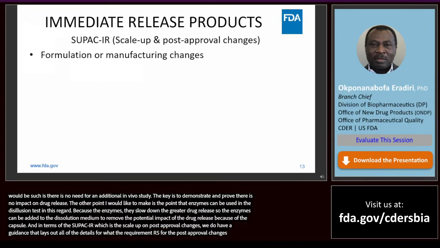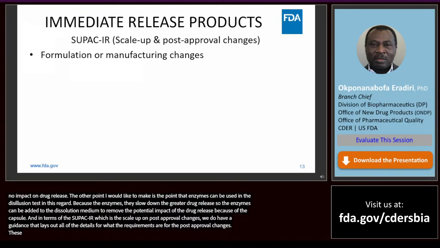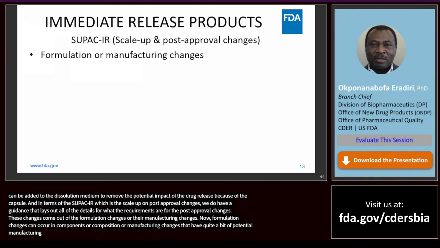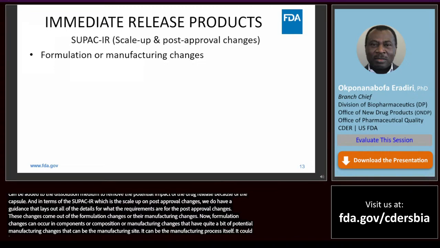These changes can either be formulation changes or manufacturing changes. Formulation changes can occur in components and composition, while potential manufacturing changes can be the manufacturing site, the manufacturing process itself, or the batch size.